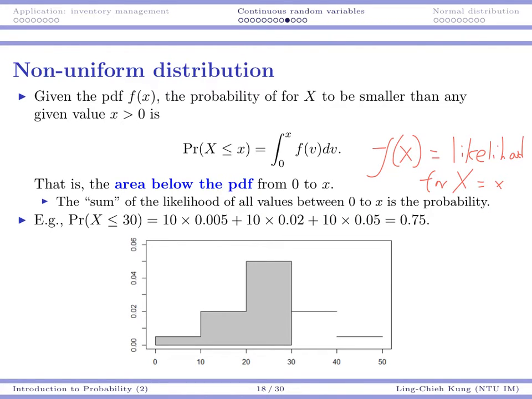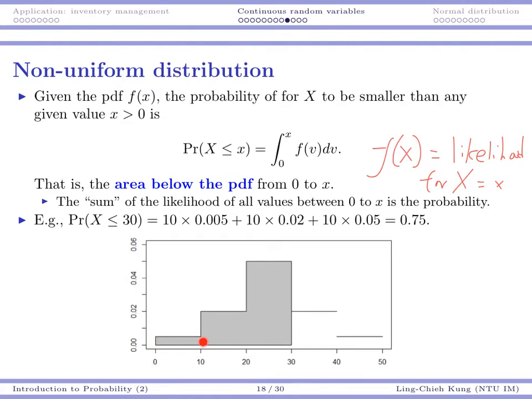Okay, that's just concepts. If you just want to do calculation, let's do it here. For example, given that random variable capital X, I can calculate its probability for x to be less than 30 by finding all the area below the PDF. So 30 is here. From 0 to 30, I want to calculate the area below my PDF. So we have 3 parts.